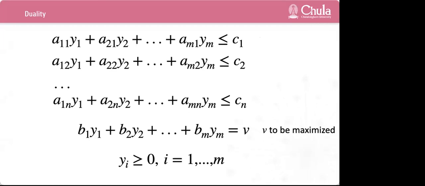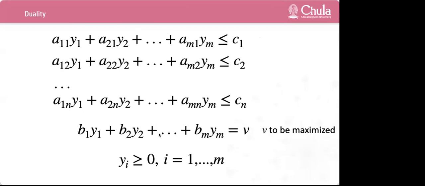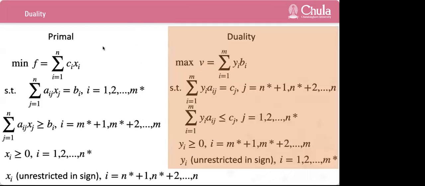The solution is analogous, because they are duals of each other. So for this system, we can transform it to this system, and we call them primal and dual. I compared them side by side.